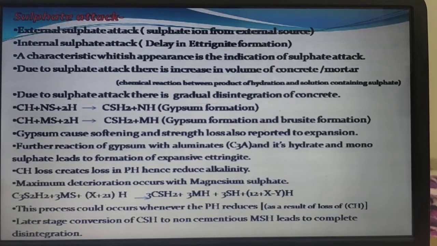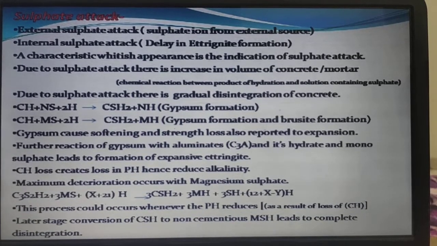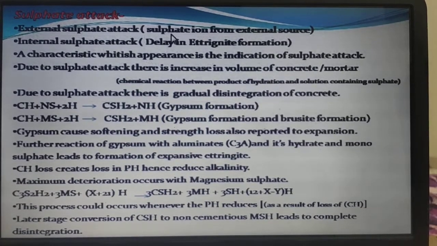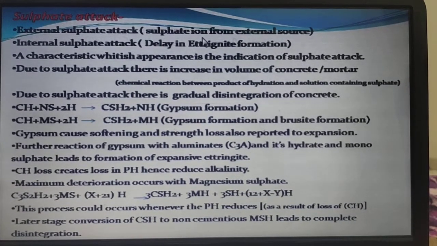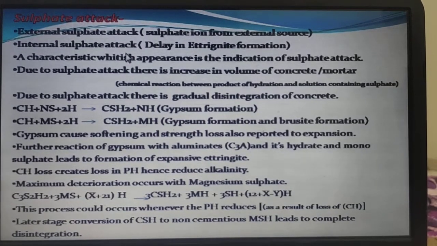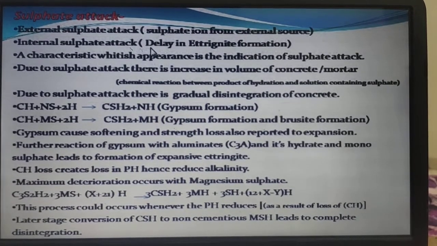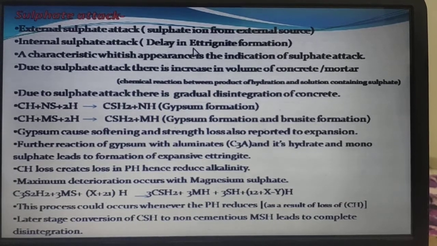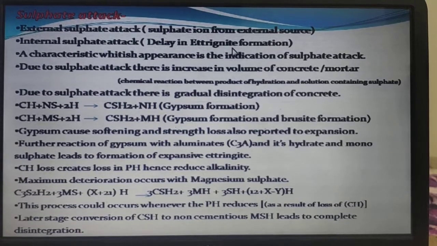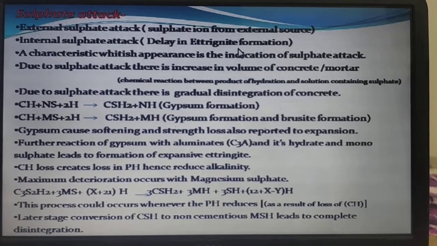So let's see, what will happen due to external sulphate attack? Sulphate ions from the external source enter the concrete. In internal sulphate attack, there is a delay in ettringite formation.